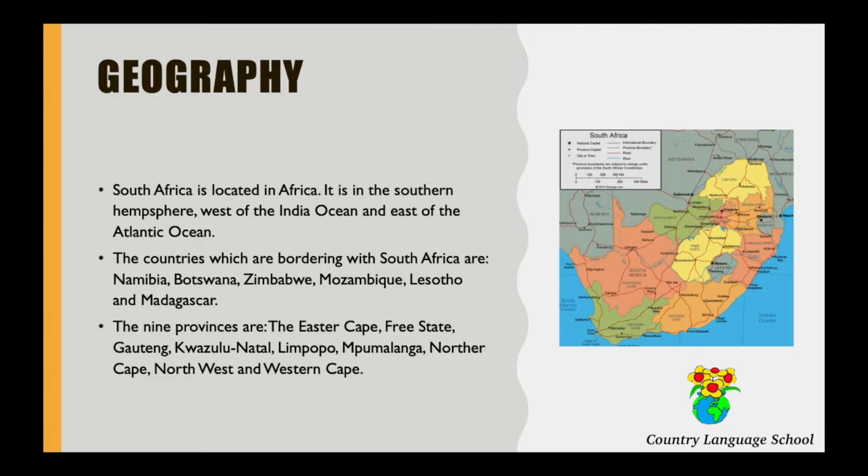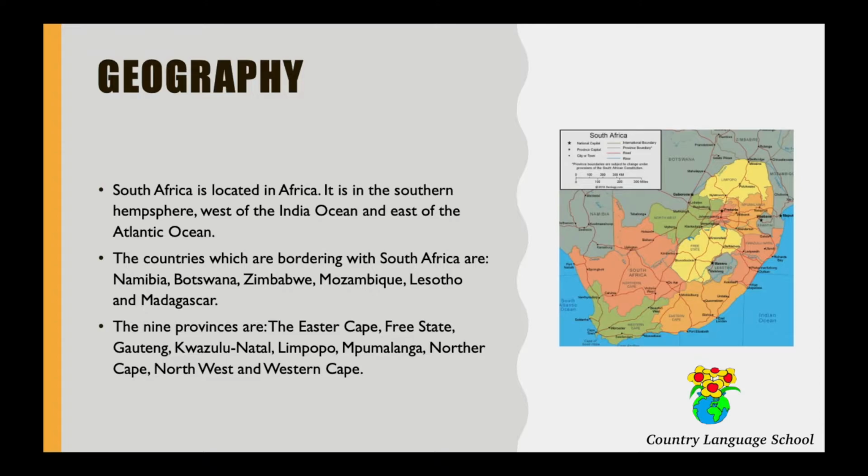So let's start with the geography of South Africa. As I told you before, Africa is a continent. In that continent, you can find this country, South Africa, which is located on the south. South Africa encloses two landlocked African countries, which are Swaziland and Lesotho.